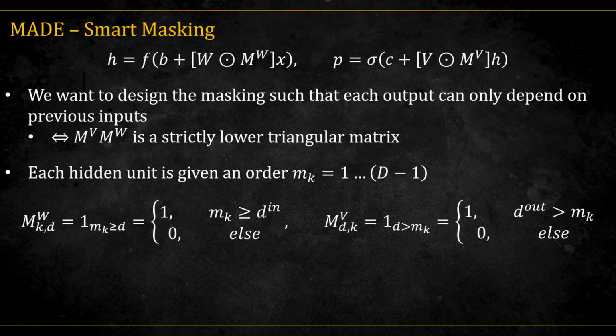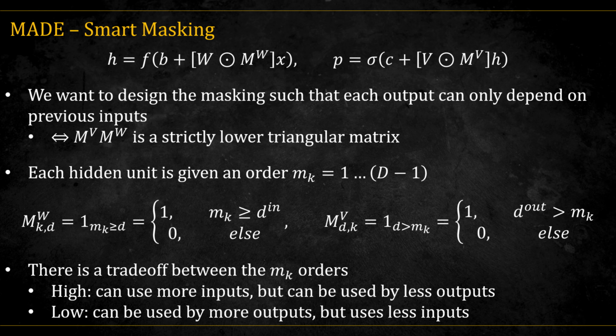The smart way this is done in the paper is that each hidden unit is given an order between 1 and d-1. The first layer matrix weights are equal to 1 if the order of the hidden unit is greater or equal to the order of the input unit. The second layer matrix weights are equal to 1 if the hidden unit order is strictly less than the output order.